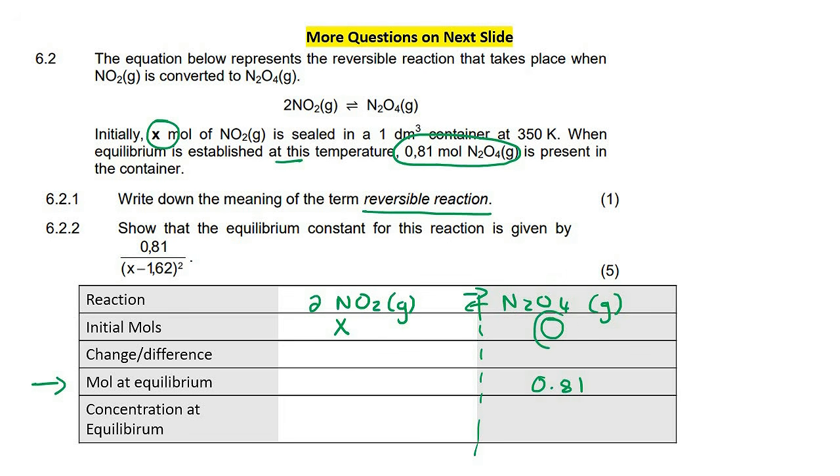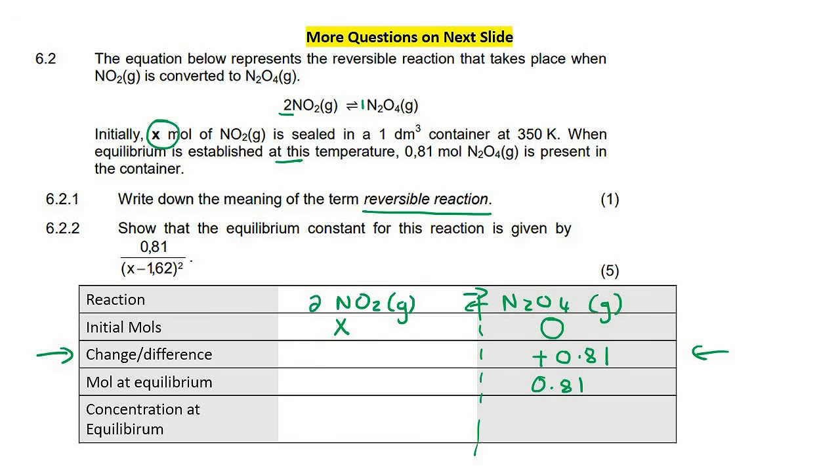So how do you go from here to here? Well, the only way you do that is by adding 0.81. But now this row is the most important row, because here you have to use your mole ratios. This is a 1 to 2, so this one would be 1, this one would be double that, because for every 2 of these there's only going to be 1 of those.